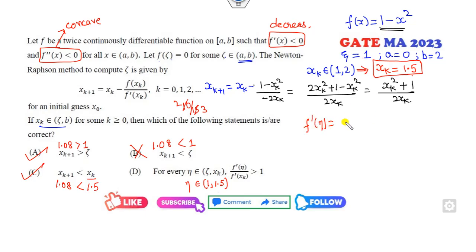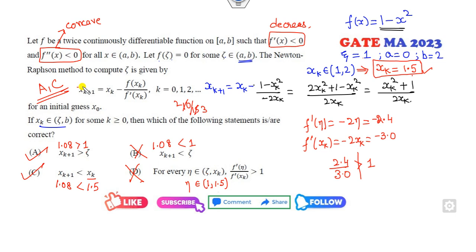What is the derivative? It is minus 2 eta. Choose any number in between them, say 1.1, it is an open interval, so 1.2. So minus 1.2 means it's 2.4. What is the denominator? It is f dash of xk, minus 2xk. xk is 1.5, so it is minus 3.0. So if you substitute on the left hand side, is it greater than 1? No. So this option is cancelled out. So the right answers are A and C.